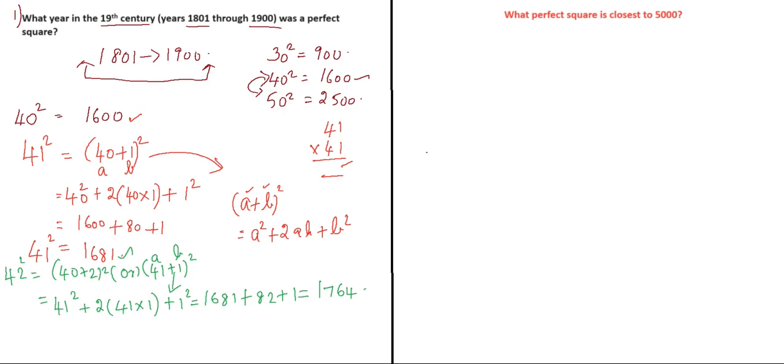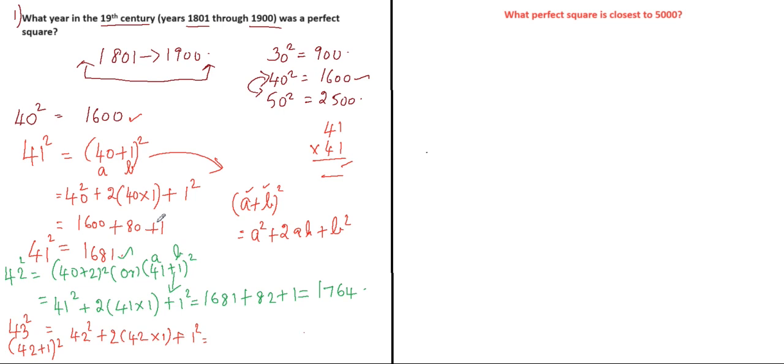Now let's try to find out what is 43 square. I'm going to again make it 42 plus 1, the whole square. So what is the formula? 42 square plus 2 into 42 into 1 plus 1 square.